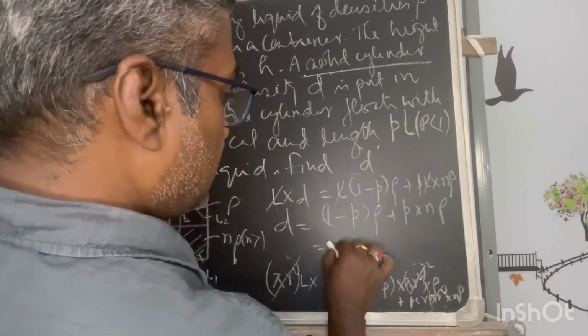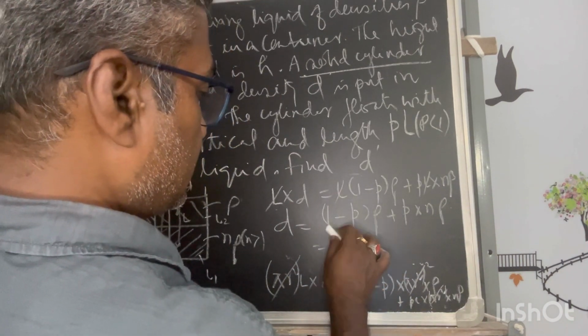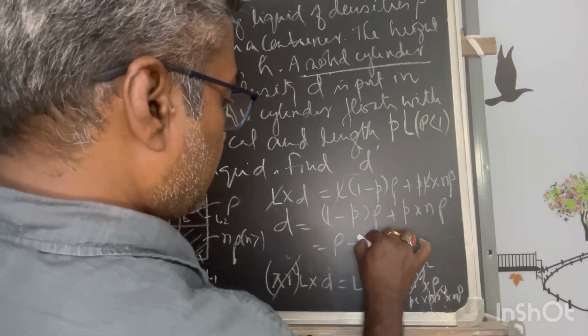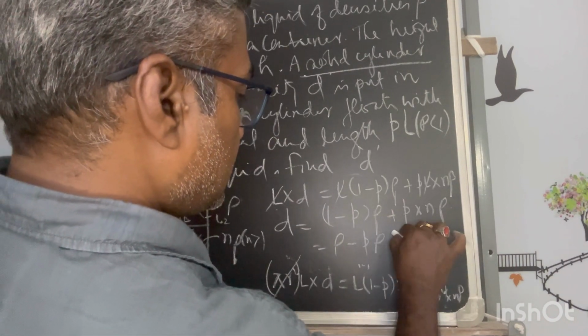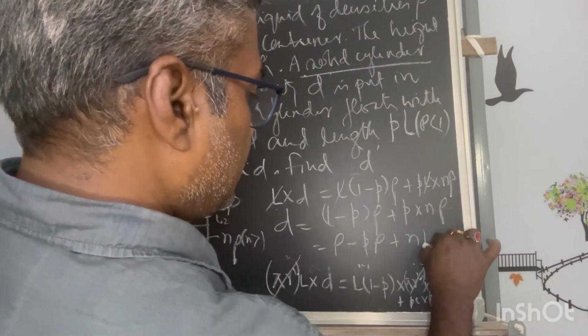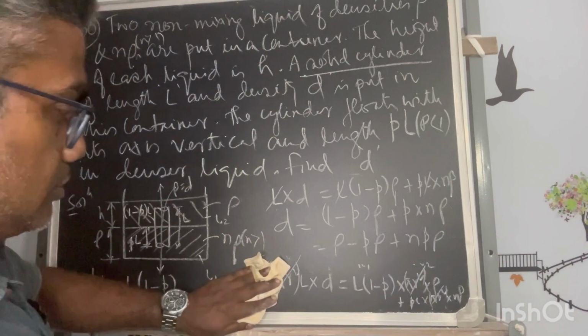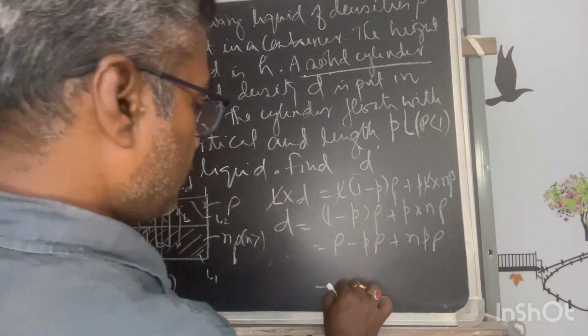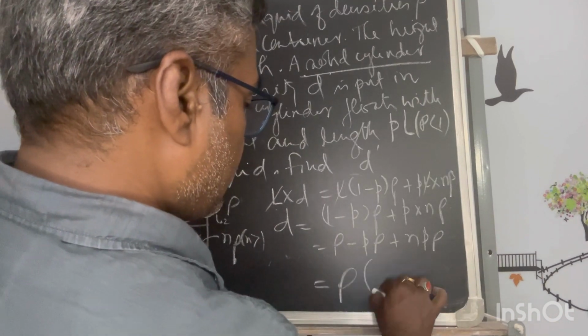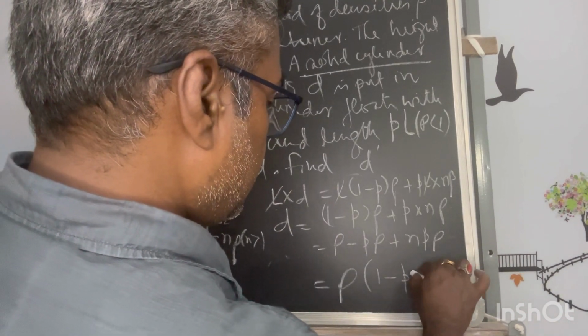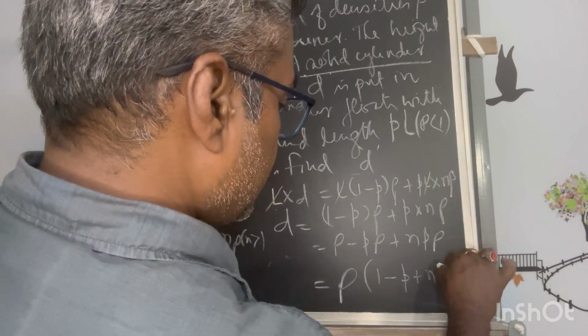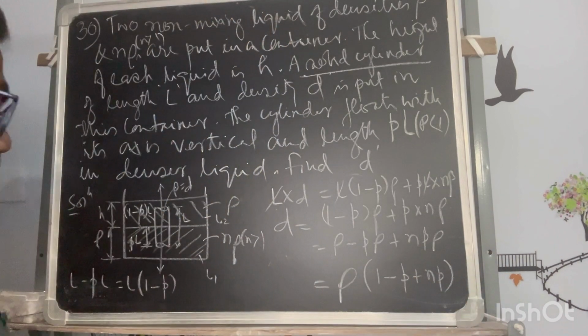All total, this is rho minus P rho plus nP rho. If I take rho common, D equals rho into (1 minus P plus nP). So this will be your answer.